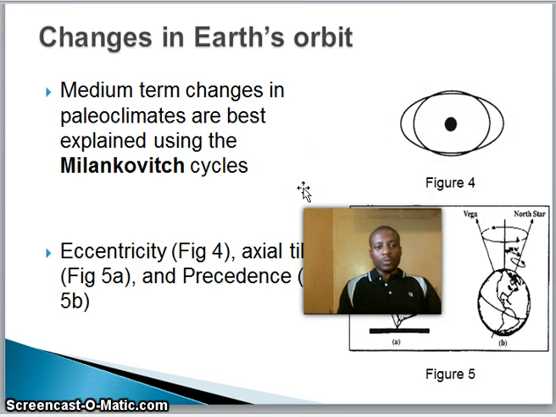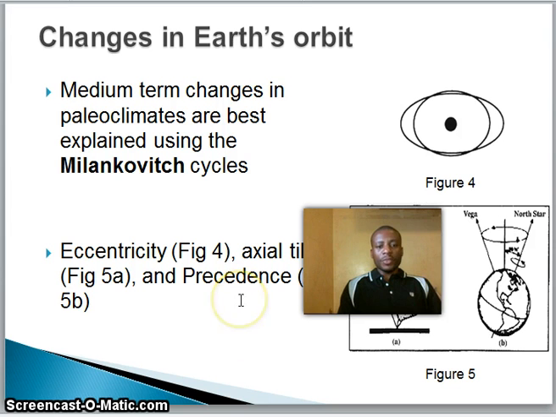This results in changes in the Earth's climate in cycles. He also talked about the axial tilt, where as the Earth revolves around the Sun and rotates, its axis also tilts and changes from its vertical position.